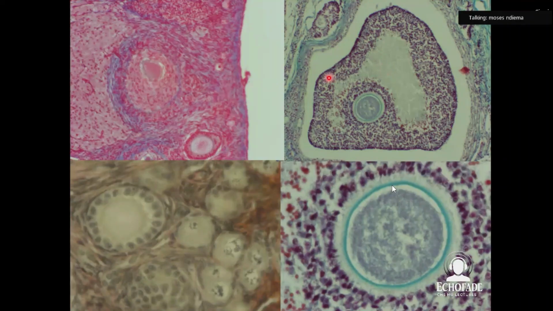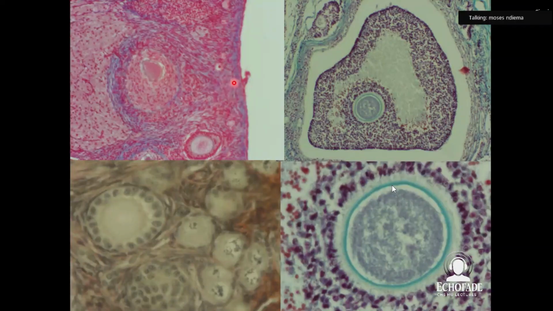But I would like us to look at this slide again. You will notice that the primordial follicle is very close to the capsule. As this primordial follicle develops, it moves more internally, but retains its contact with the capsule.